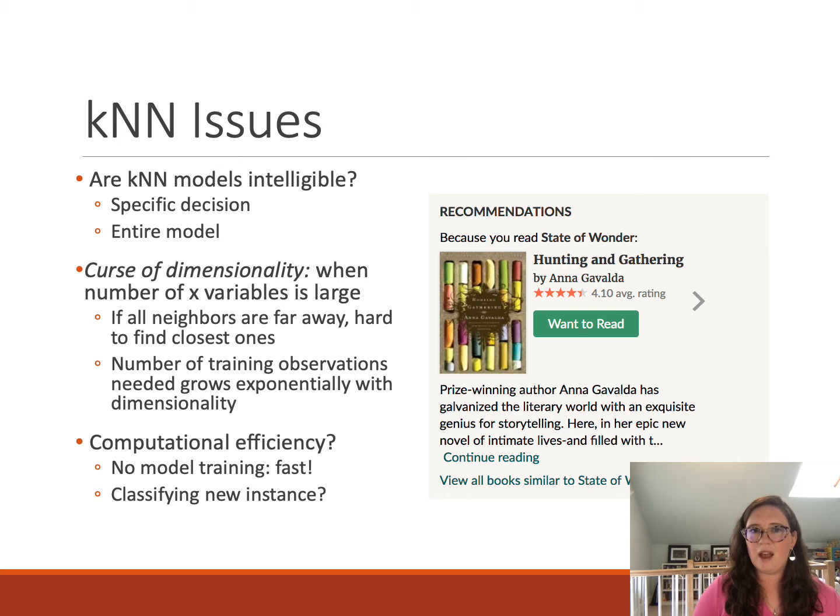It said, because you read this book, a similar book that you might like is this other book, right? I liked the book State of Wonder. Maybe I'll like this other book, Hunting and Gathering, because they're similar. And so in this case, specific decisions can be very interpretable. They're telling me this is why we think you'll like this other new book that you haven't read because it's similar to something you've read in the past.